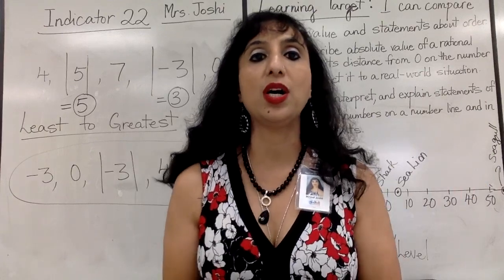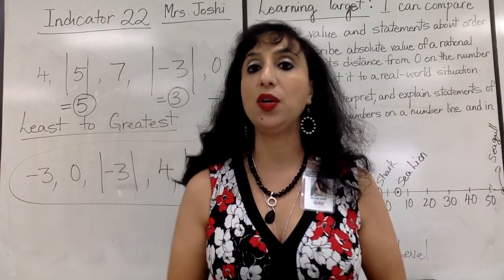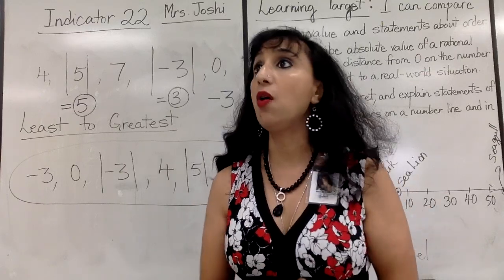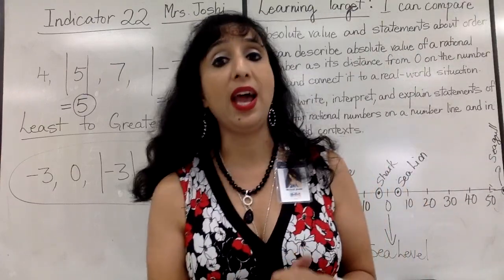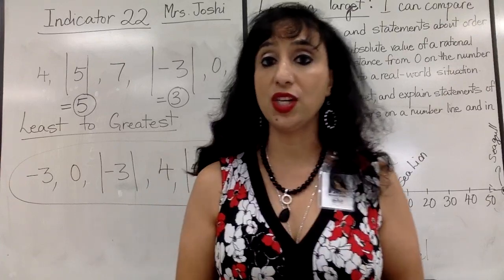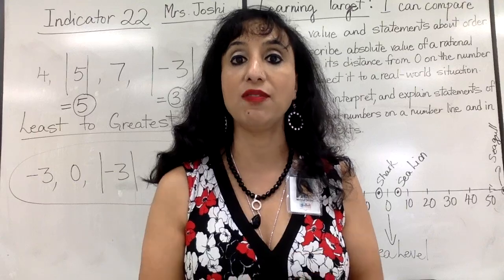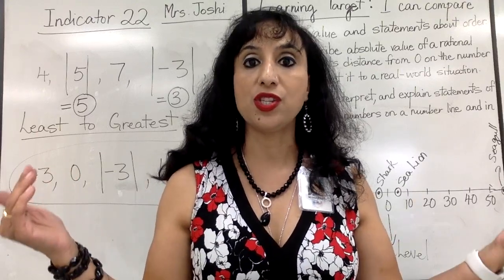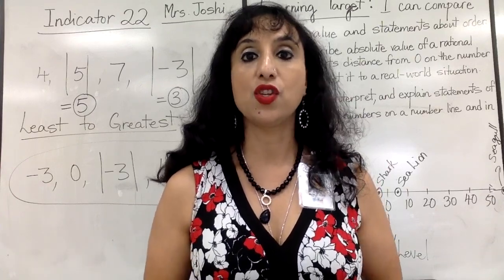So anyway, this concludes our indicator 22. Please remember that absolute value is basically the distance of a number from 0. And then if I think about it, there'll be 2 integers that have the same absolute value. Always remember that 2 integers will have the same absolute value: a number and its opposite, because they are both the same distance from 0 on the number line.